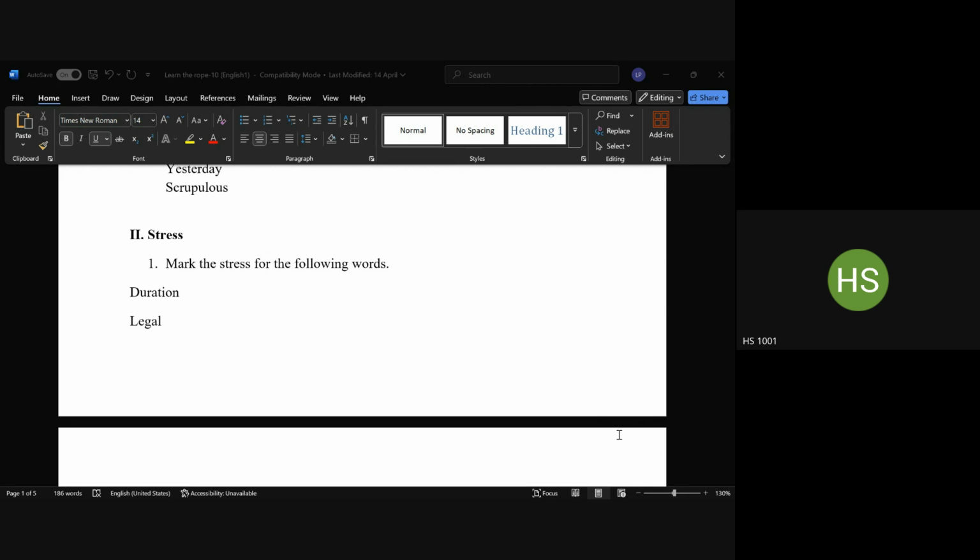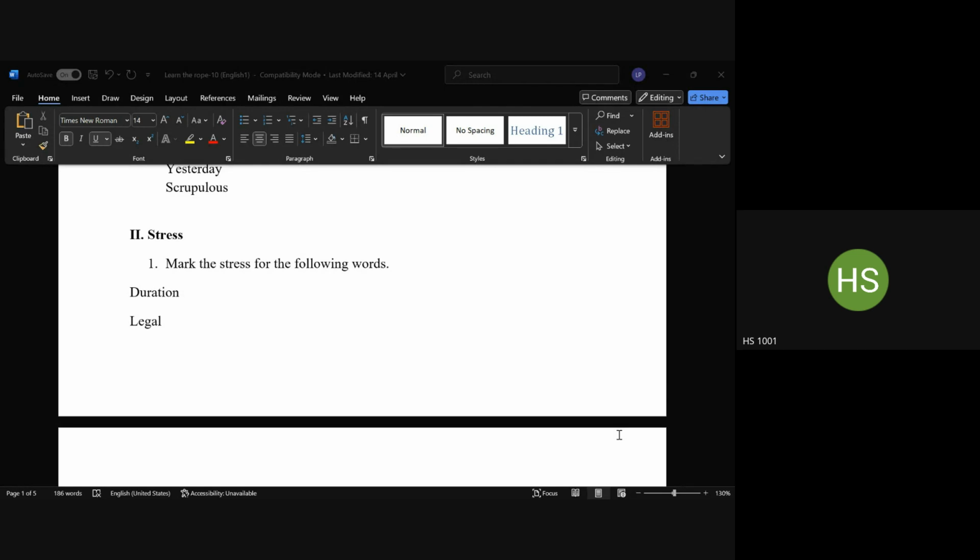Oh, there is one more thing I think I have not discussed. That is the functional stress. Functional stress is there are some words which can be used both as verbs and nouns, right? So I think the example we have in the lecture is object, right? So this object is a word which can be used both as a noun and a verb.